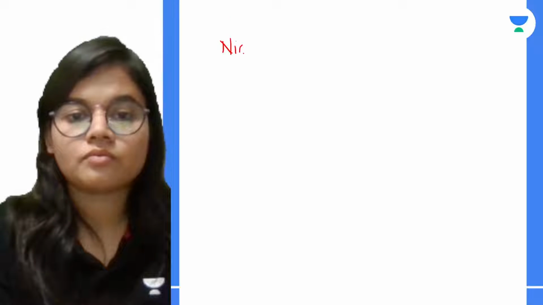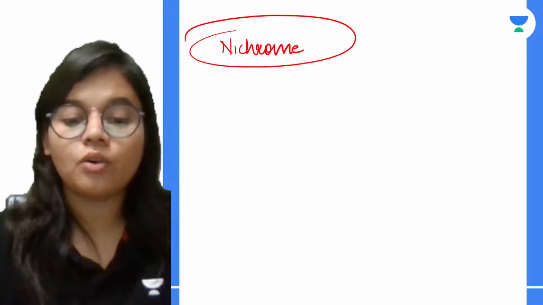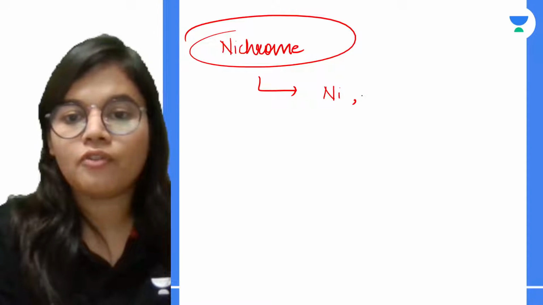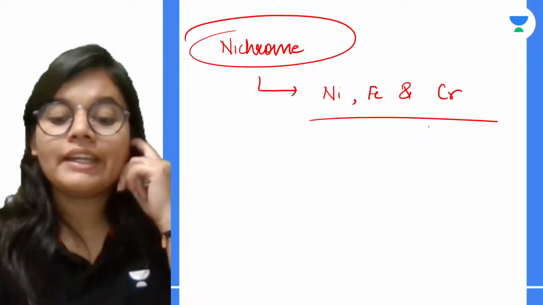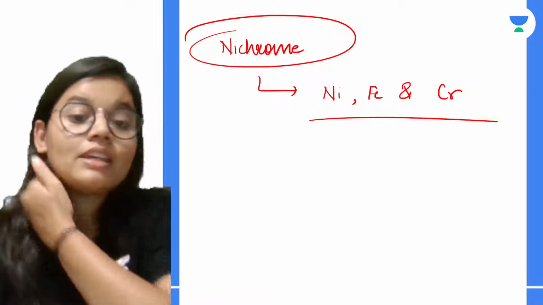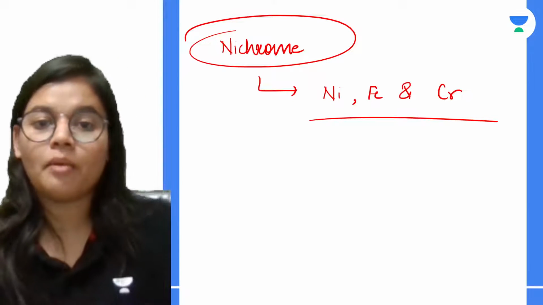Next, if I talk about nichrome. Nichrome wires, you might have heard of it. It is an alloy of nickel, iron and chromium, and it is more resistant to electricity. So you can see that there is some change coming up in the properties.